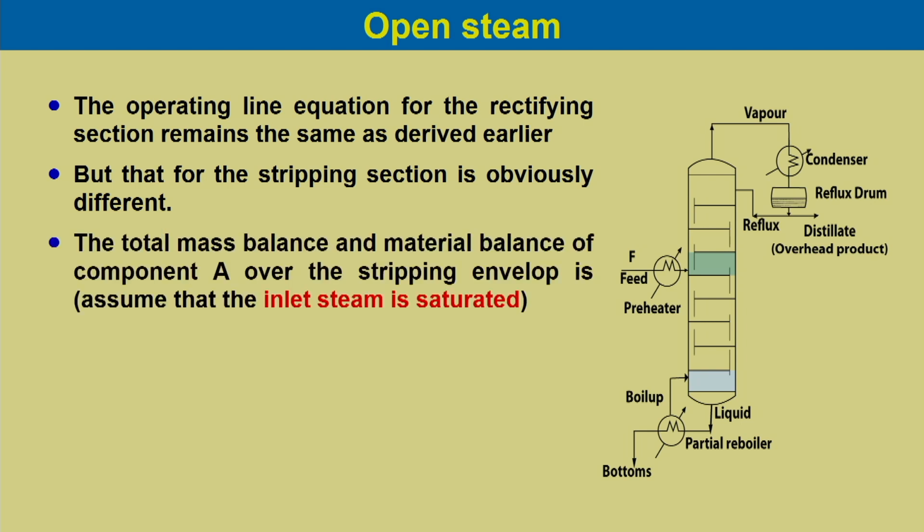The total mass balance and material balance of component A over a stripping envelope we can do: Lm is the liquid flow out, plus the steam S, would be equal to Gm plus 1 plus W. Then if we do the species mole balance, it would be Lm Xm plus S into 0, because there is no solute in the steam, would be equal to Gm plus 1 into Ym plus 1 plus W XW.